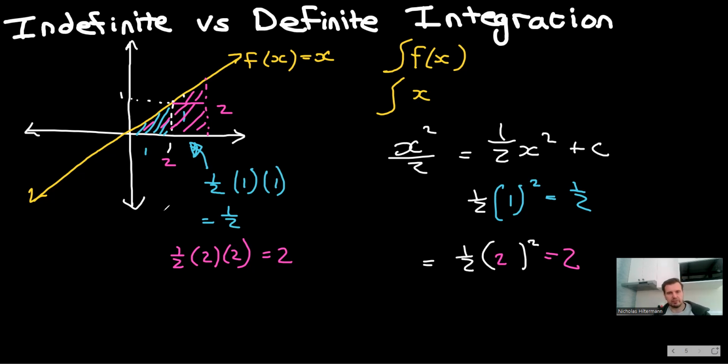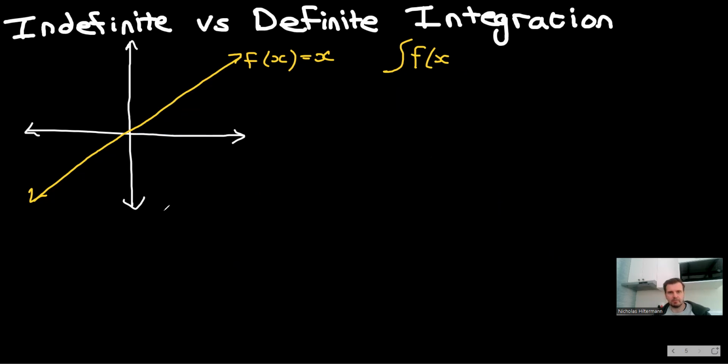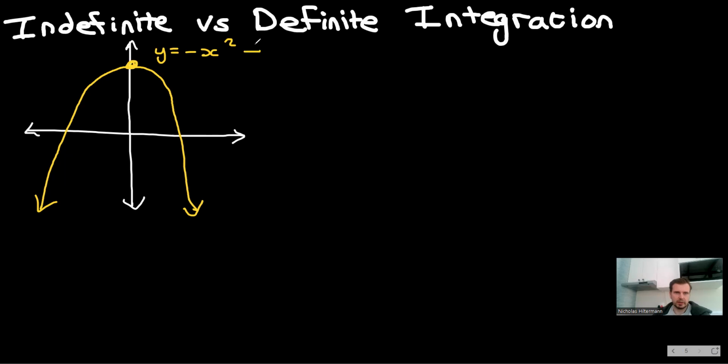So let's try another function. We're going to go all the way back to the beginning and change the function to a parabola. Now let's say that this is y equals negative x squared, so we'll make it a +1.